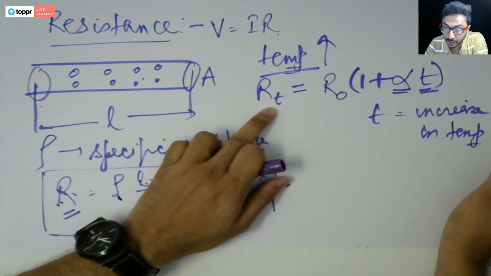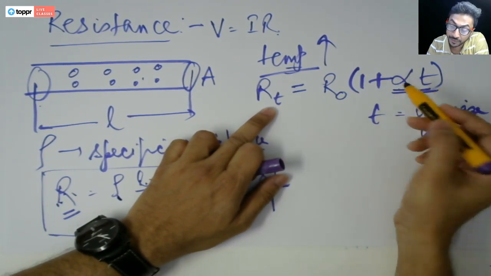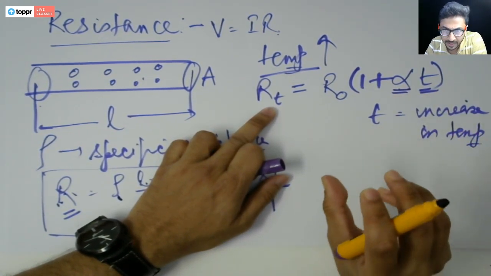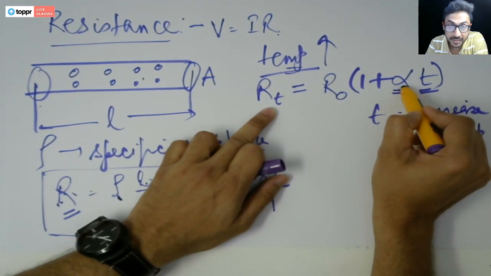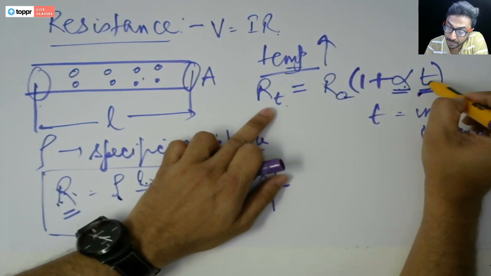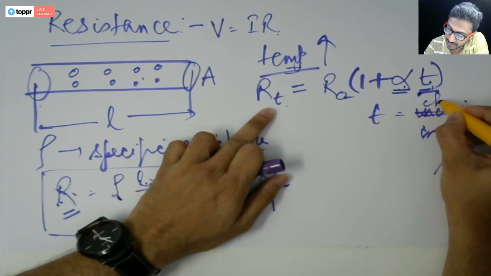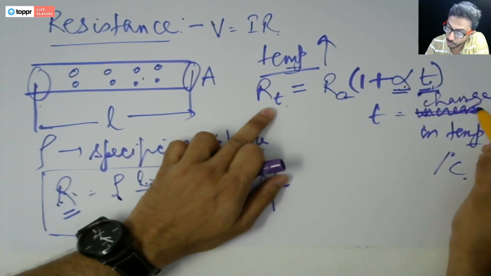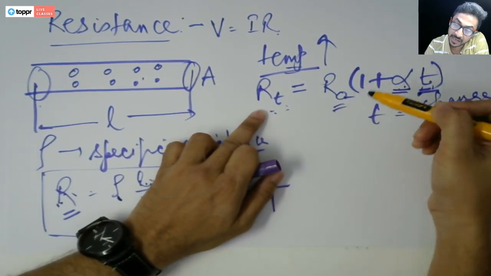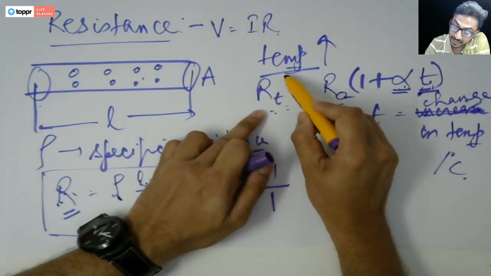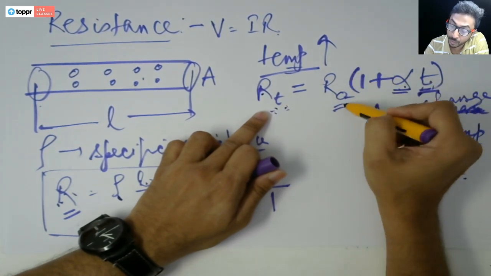Alpha is called the temperature coefficient. The unit of alpha will be a very small number per degree centigrade. So alpha's value is positive. From the equation you can see, if there is a rise in temperature, I shouldn't have written increase in temperature, it should be change in temperature, because if the change is positive, RT, the resistance at a higher temperature than 0, is more than R0.